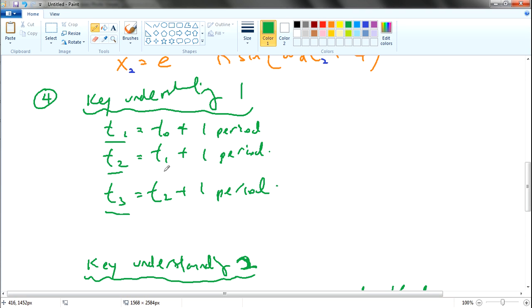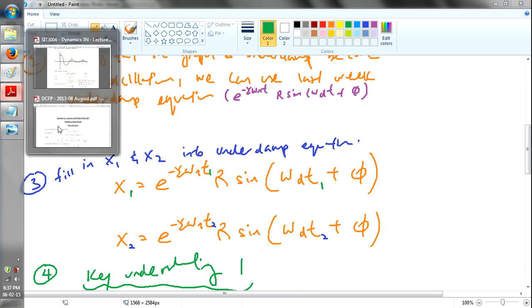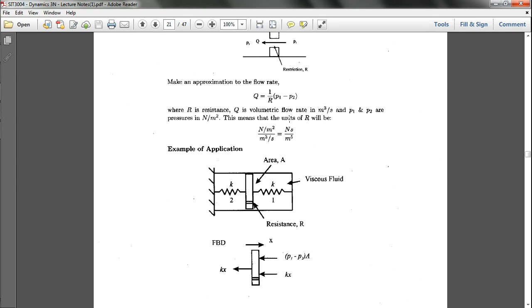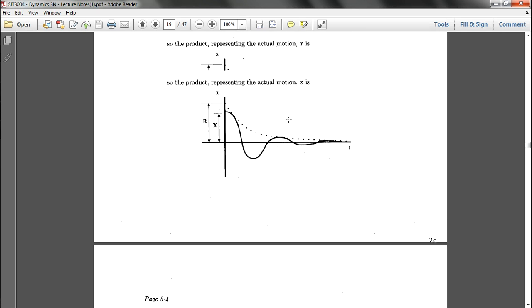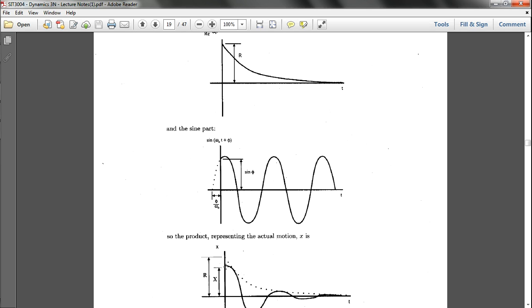With this first understanding, we can use it for the second understanding. Since we say only the exponential affects the shape of the graph, from what we talked about previously, the exponential term will eventually cause a decay of the sinusoidal.